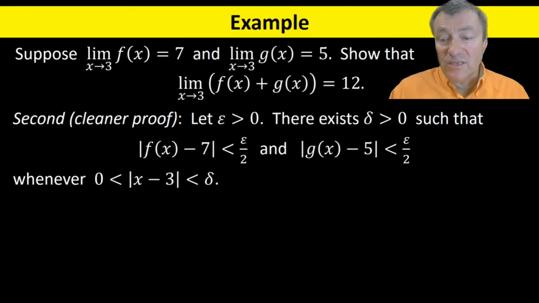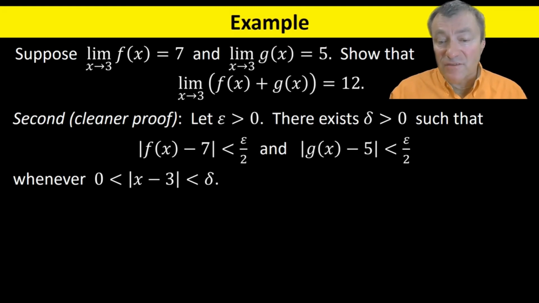And how close does x really need to be to 3? A single delta will do the trick. Why? Because if one delta is required for the first limit and another delta is required for the second limit, then, as we learned in our previous version, by taking the minimum of those two positive numbers, we get a new positive number delta that works for both of those.